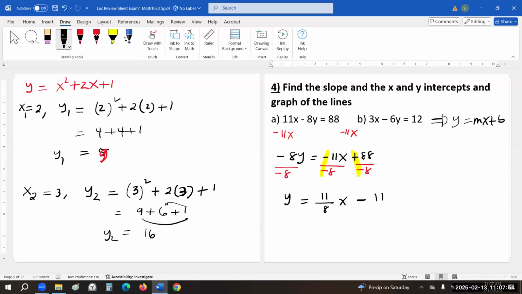Now, slope is only the number, not the variable. When you solve for slope, we get a bonus thing, which is the y-intercept. Our y-intercept is negative 11.